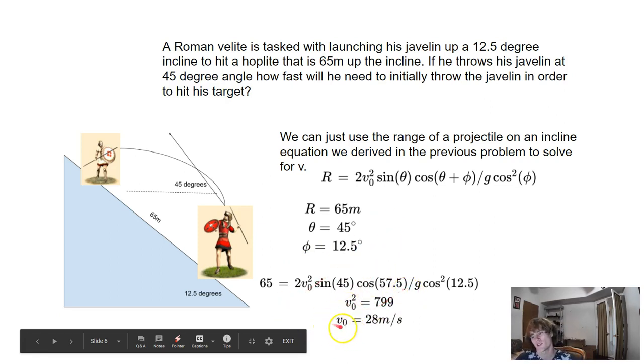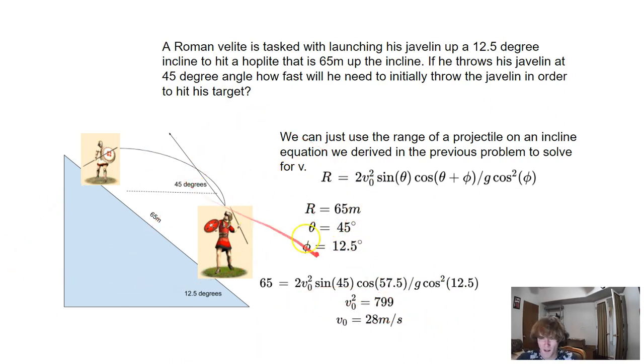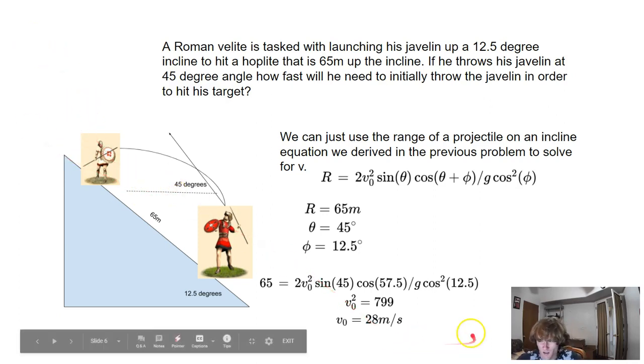The initial velocity would be 28 meters per second. So if he threw his javelin at a 45 degree angle up the incline, he would need to throw it at least at 28 meters per second to hit the hoplite up there. All right.